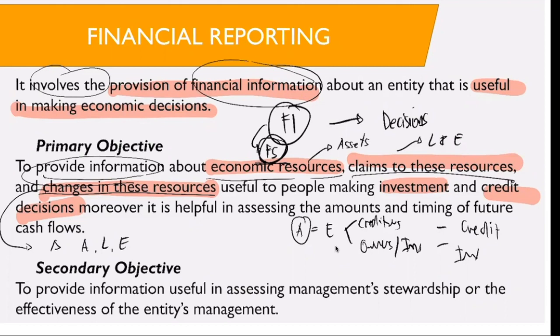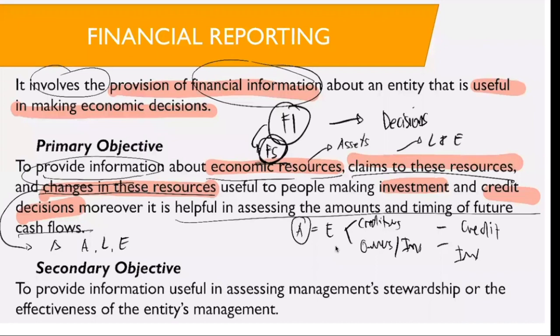Dito sa primary objective, if we try to look at it, we try to broaden what is financial information and what is the economic decision made by the users. Okay, so for the last phrase in your primary objective, helpful in assessing the amounts and timing of future cash flows.